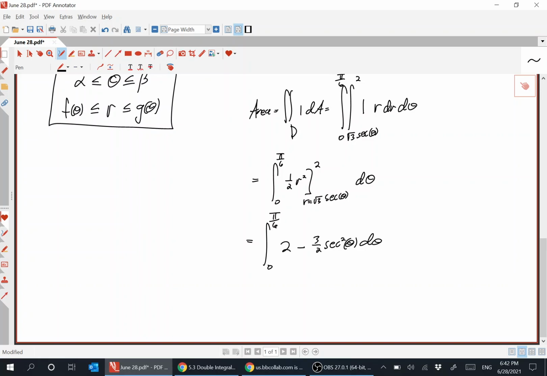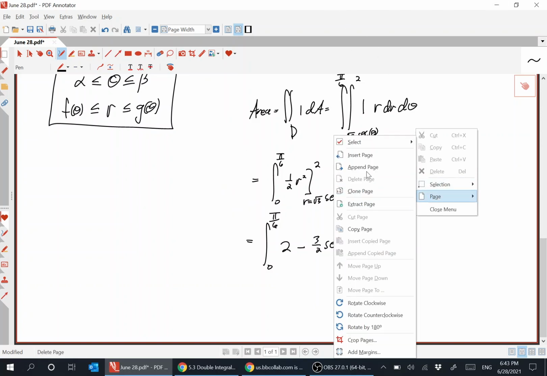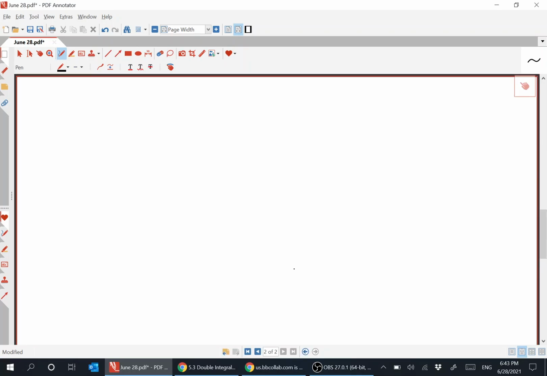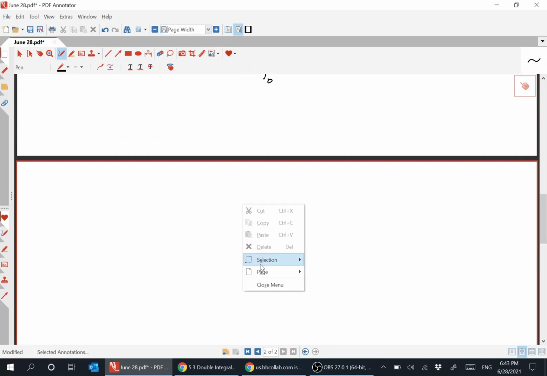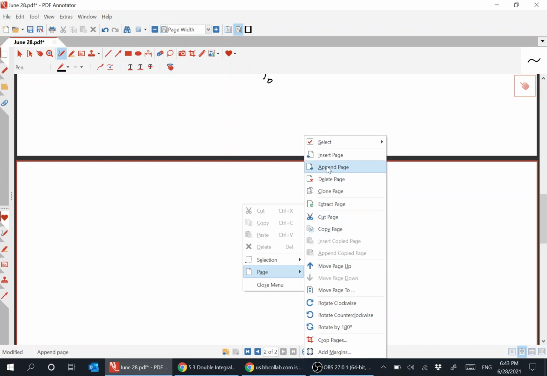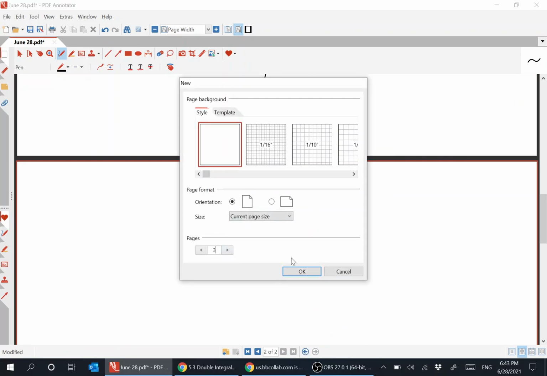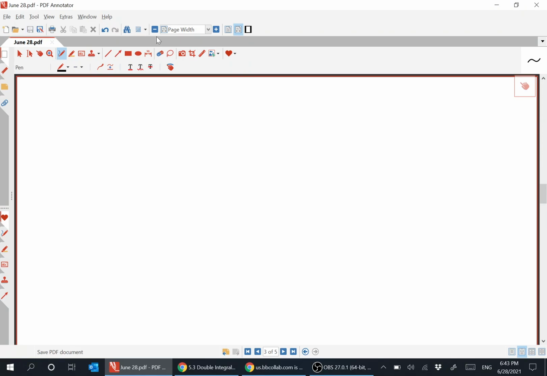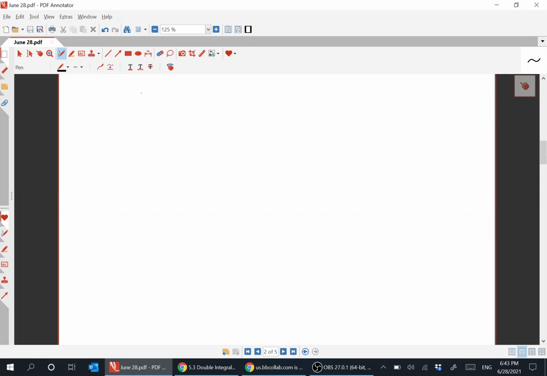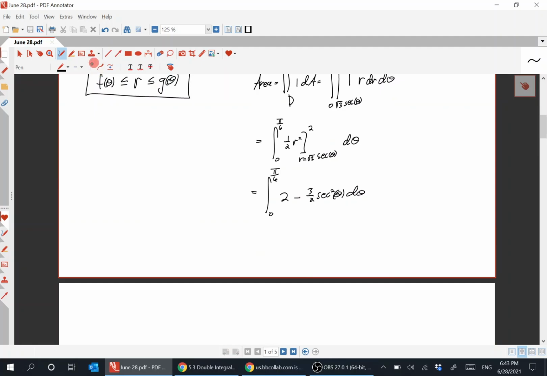And then the antiderivative in terms of theta: this is 2 theta, and what's the antiderivative of secant squared?